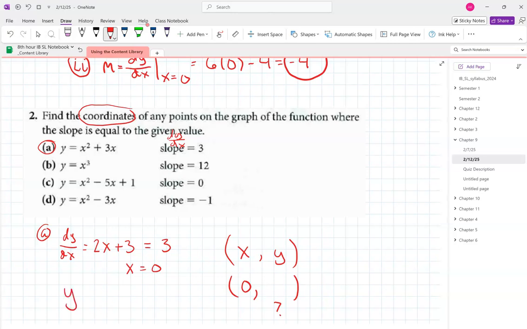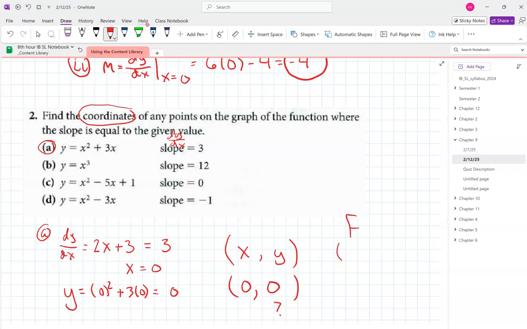We go back to the original, because the original gives you the points on the curve. The derivative tells you about the slope. You can use the derivative to find the x, but to find the y, you have to go to the original.